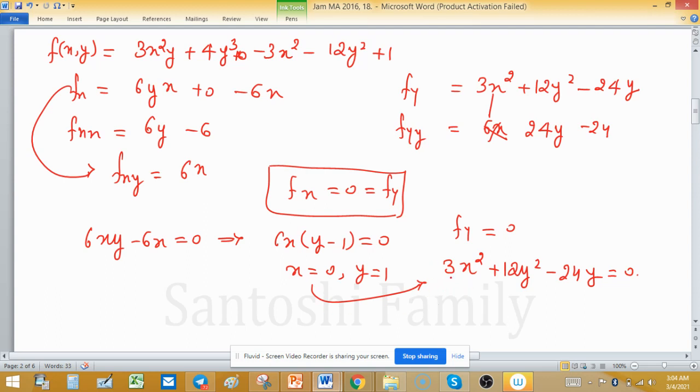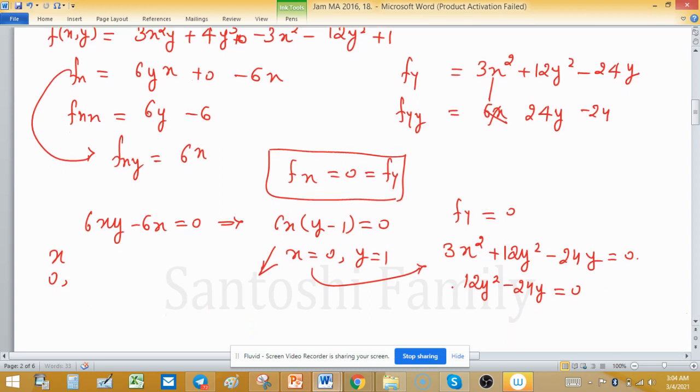Put x equal to 0 in this one, then 12y square minus 24y is 0. 12y is common, so y minus 2 equal to 0.